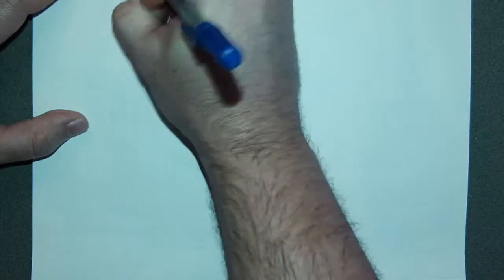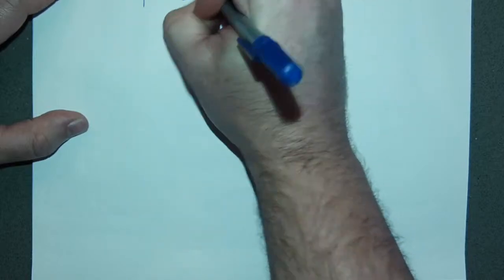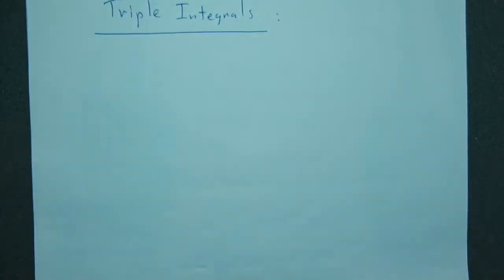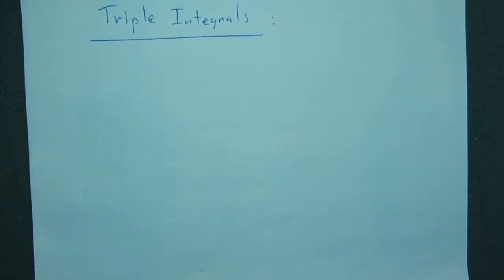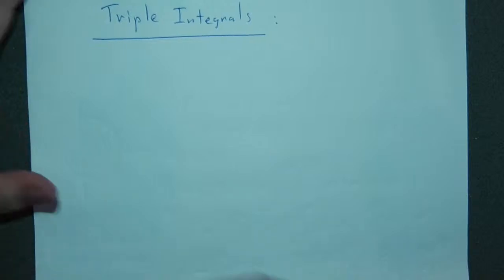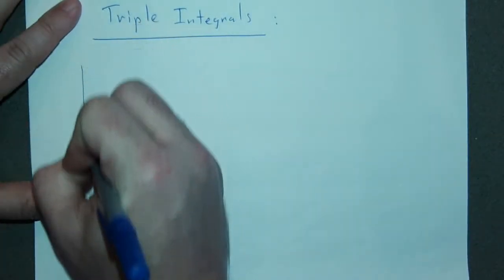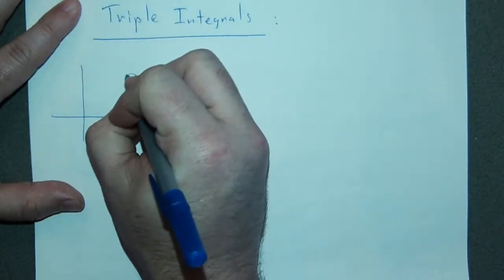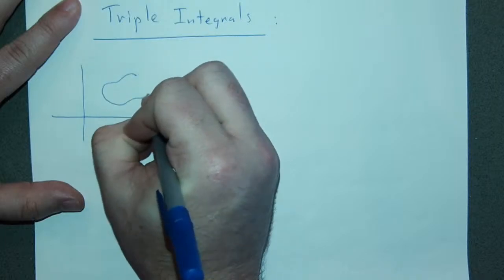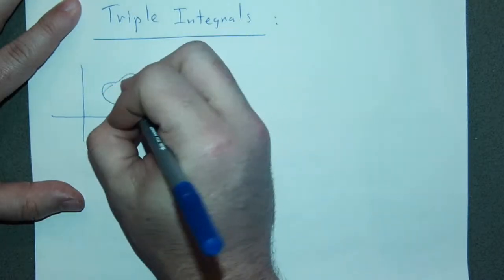Now, the idea is to take exactly what we did for double integrals and crank it up one dimension. When we talked about double integrals, we started with a region R that maybe looks something like this if it was pretty nice.